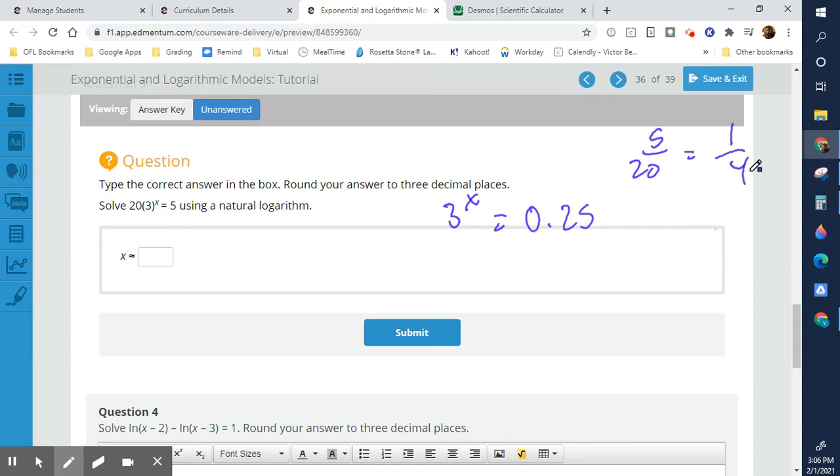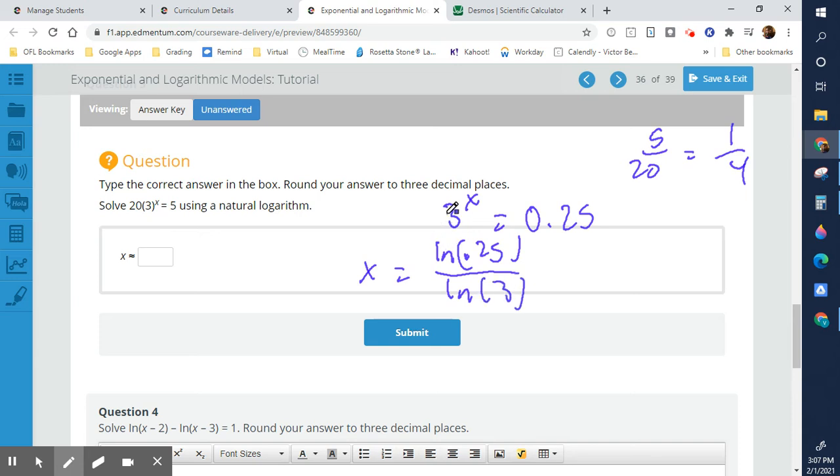The way I remember is this is 1/4. So a quarter is 0.25. And then in order to get rid of this 3, I'm going to say x equals ln of 0.25 over ln of 3.